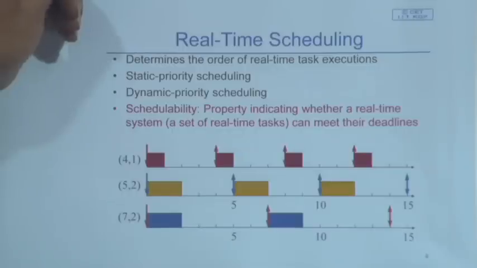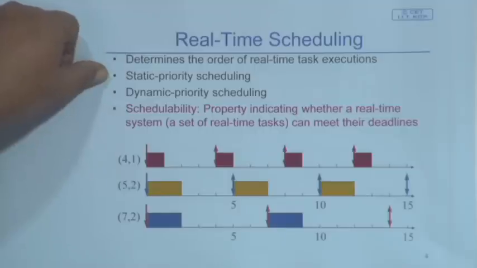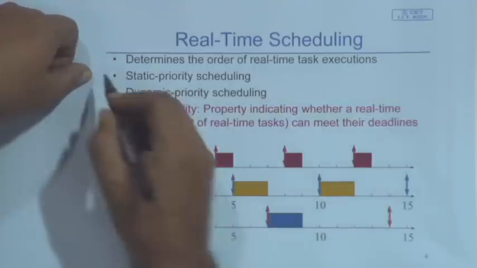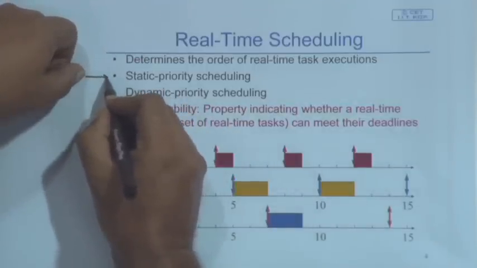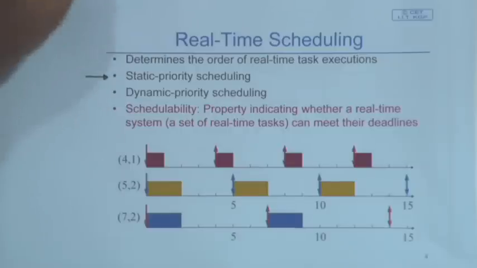Okay. There can be two types of scheduling. One is static priority scheduling, that means the priority of the jobs are decided a priori. I know that this job will have this priority.